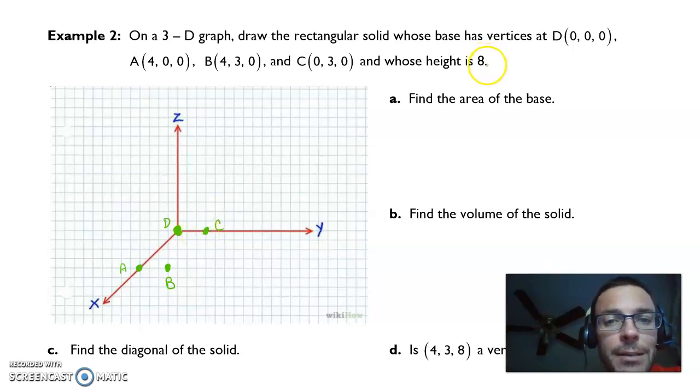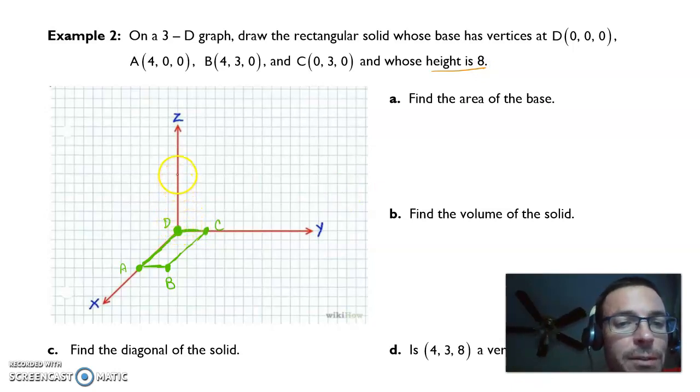The height is 8. So what that's telling me is this is the bottom part of my rectangular prism. That's the base. And since it has a height of 8, that's telling me my Z coordinate is going to be 8 for all of my additional points. 1, 2, 3, 4, 5, 6, 7, 8 units up is going to get me my, I'll just call it D prime, but it's really just my next coordinate.